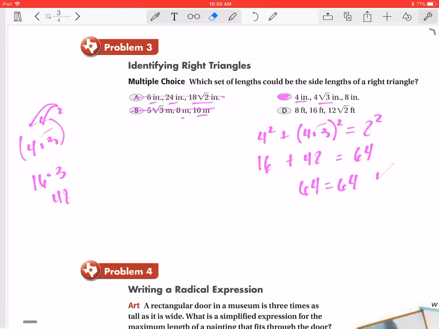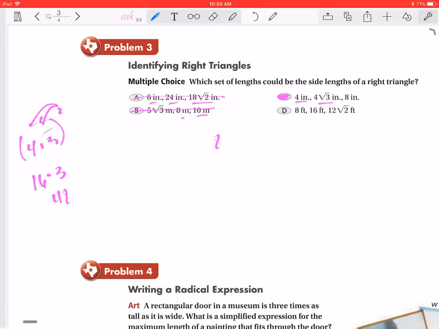Now let's double check the last one just so that we get further practice. It might be a good idea for you at this point to pause the video and see if you can answer D and determine whether or not that is a possible right triangle. I'm going to do it here. So I have 8 squared plus 12 square root of 2.